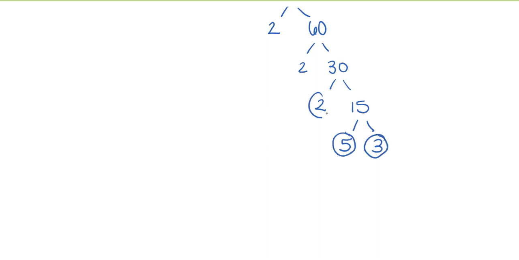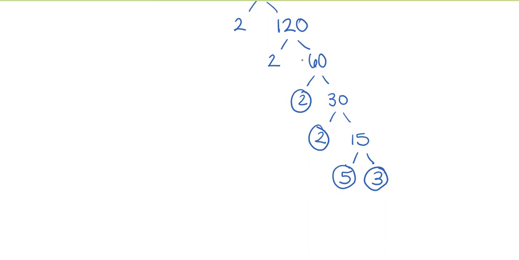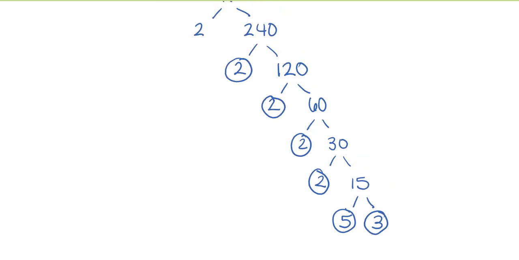So we're going to circle all the prime numbers. Notice we have a lot of 2's. We actually have 5 2's, so we're going to rewrite this. That's 2 times 2 times 2 times 2 times 2 times 3 times 5.